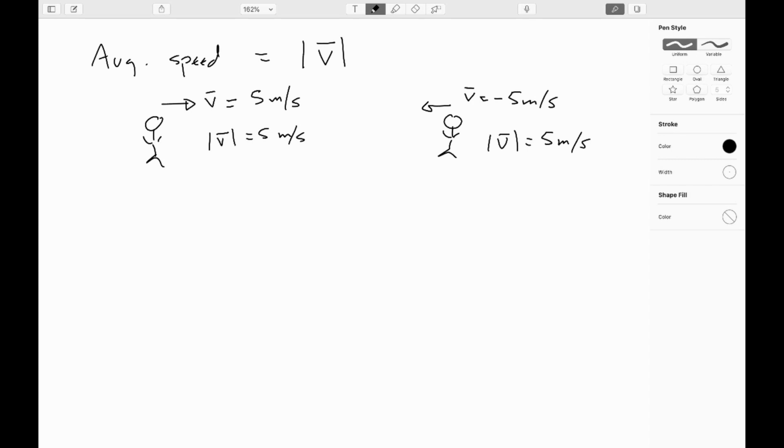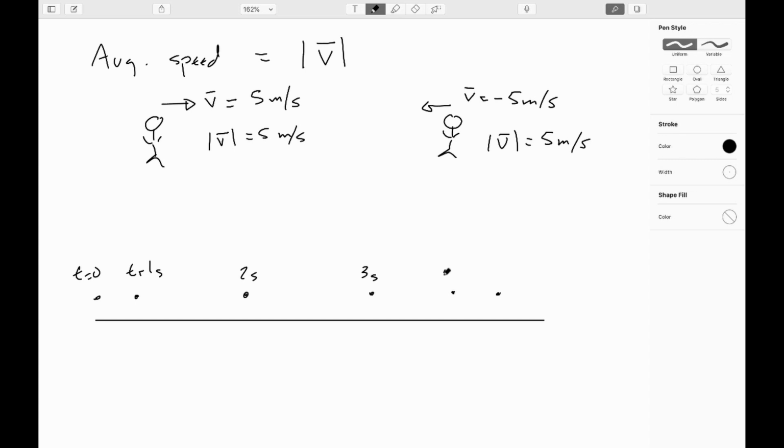So we've seen a lot of ways to represent motion. For instance, we've seen that we can draw ourselves a motion diagram of something. Say something like this. t equals 0, t equals 1 second, 2 seconds, 3 seconds, 4 seconds, 5 seconds.